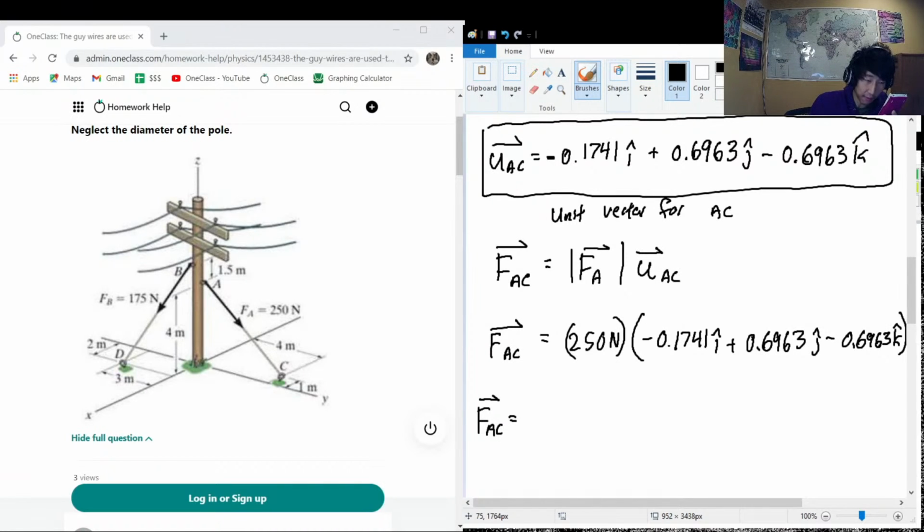So here we're going to have negative 43.52 in the I direction plus 174.08 in the J direction minus 174.08 in the K direction.